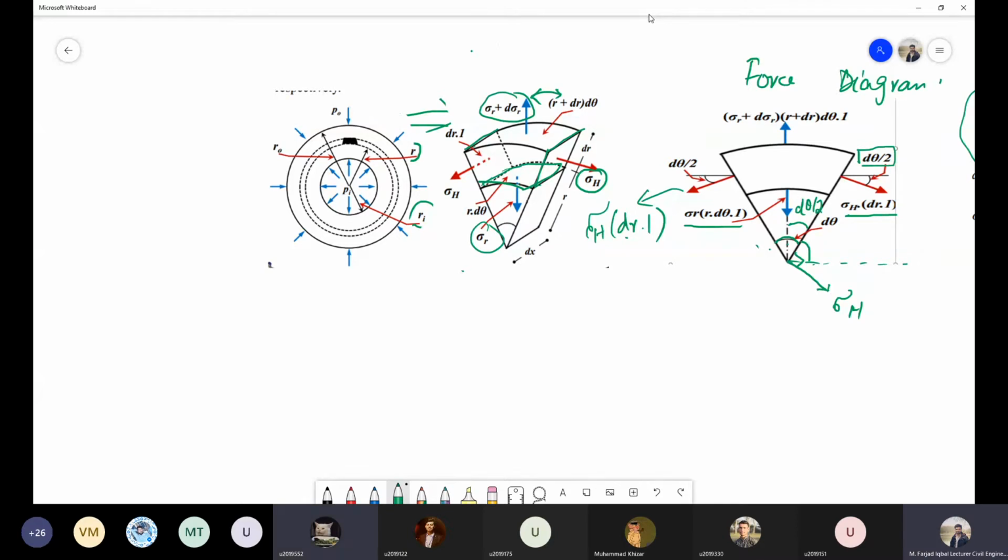So 90 minus d theta by 2. This total angle is 90, and this angle will be 90 minus d theta by 2. Now if this angle is 90 minus d theta by 2, what will be this angle, the bottom one, which I have shown with a black line?